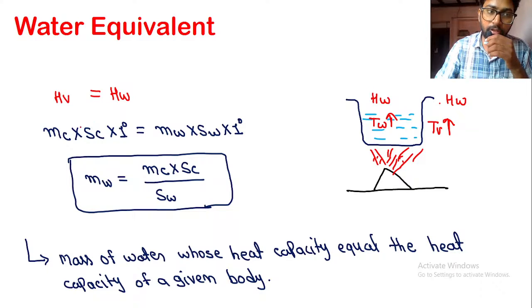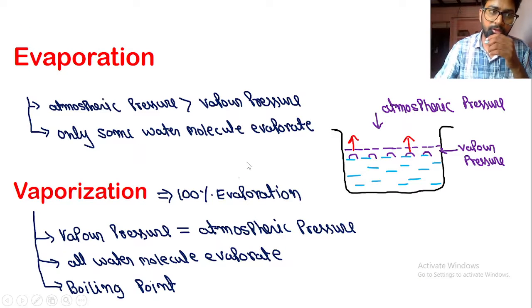Then mass of container multiplied by specific heat of the container, delta T equal to 1 degree Celsius. This formula, we have to learn it and remember it for the numericals.